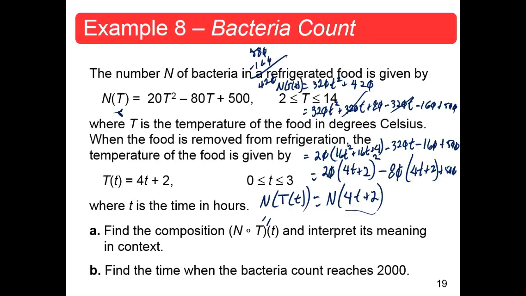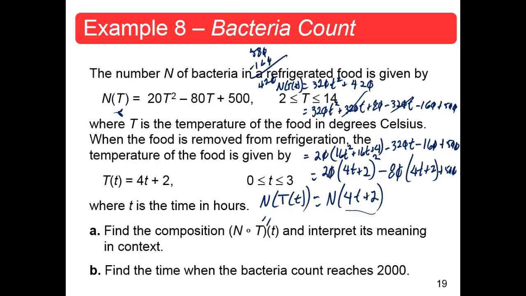Here's the next part of the question. Find the time when the bacteria count reaches 2,000. How are we going to do that? Okay, your N is your 2,000. That's the number of bacteria, 2,000. So the N is going to be 2,000, and then you solve that equation.